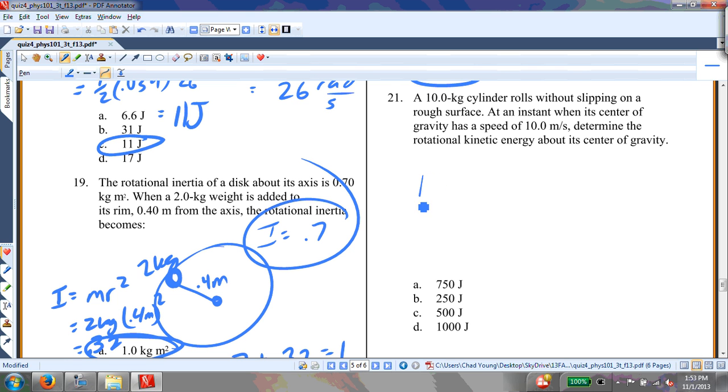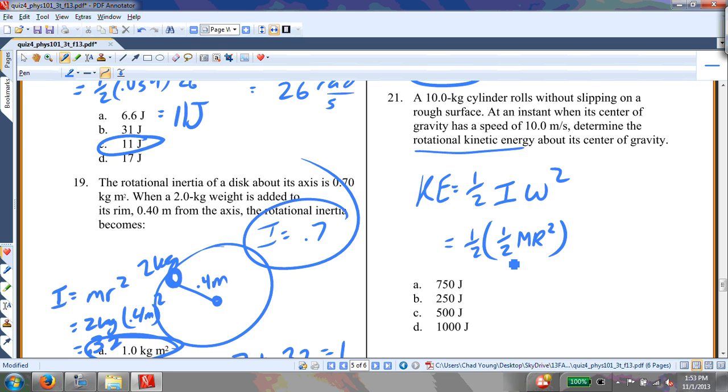So, I need to know its kinetic energy. I want to know its rotational kinetic energy. That's 1/2 I omega squared. This is a cylinder, so it's going to be 1/2 mr squared. I only have a v, so I need to express omega in terms of v.